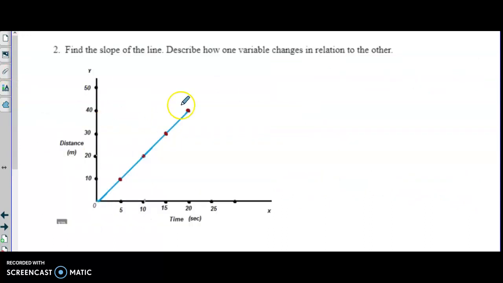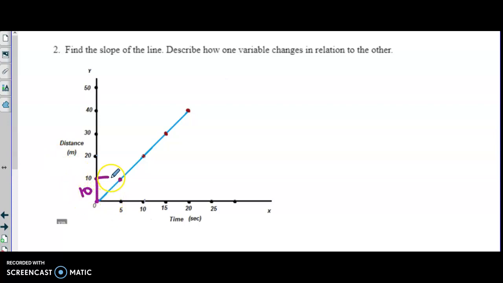Okay, find the slope of the line and describe how one variable changes in relation to the other. So to start off with, for slope of the line, we're going to pick 2 points. I'm going to pick 0, 0, and then I'm going to pick 5, 10, and I'm going to do the rise over run. Now, when I rise up, my change in y, or my vertical change, is 10. It goes from 0 to 10.